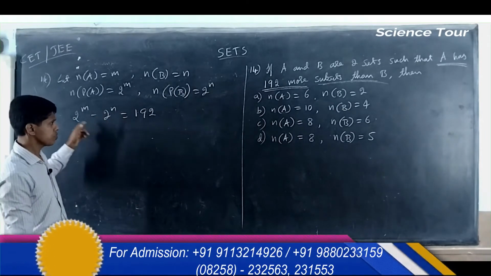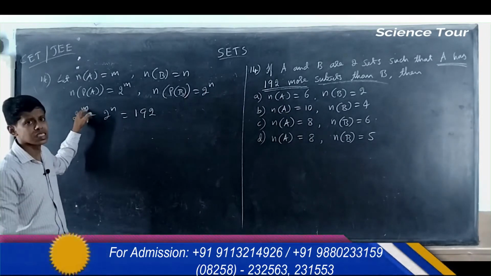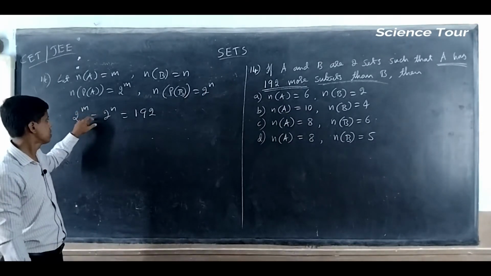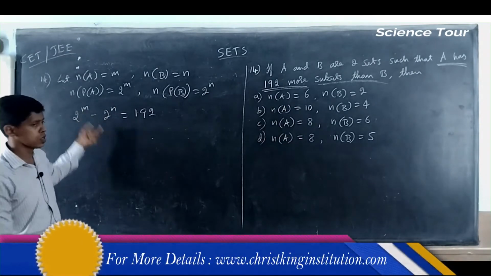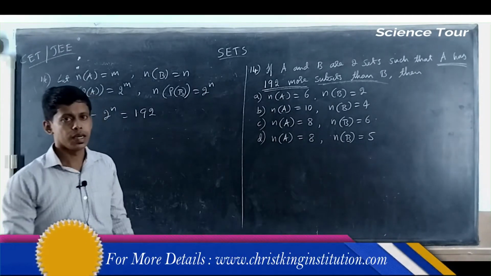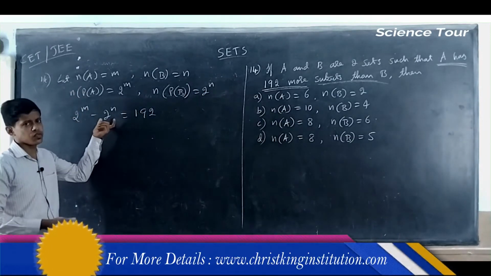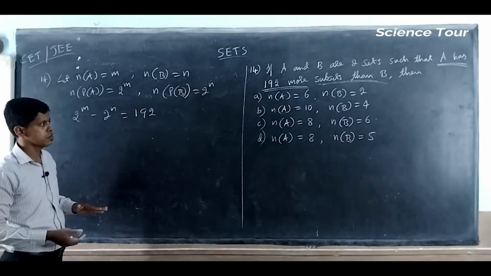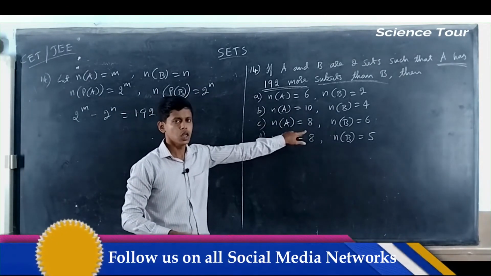So you have 2 raised to 6 minus 2 squared. 2 raised to 6 is 64, minus 4, that will be 60. So that doesn't match.